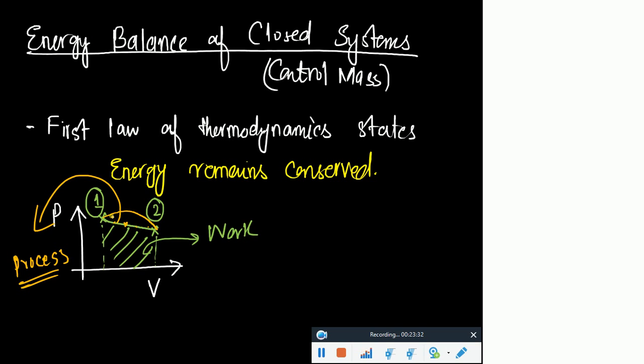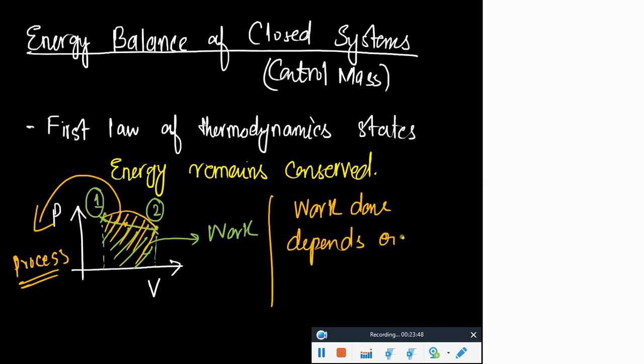Now what would you say? That the work done would be different from the previous one? Yes, sir. Do you understand that? Why? Because the area under the curve has increased. It means that this work done depends on the process, not the end states only.